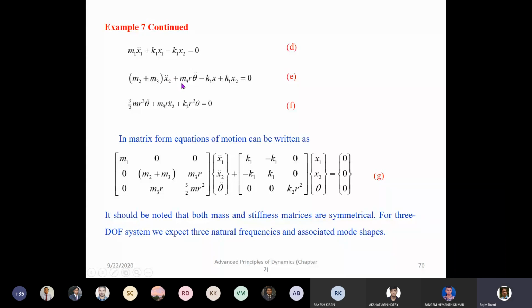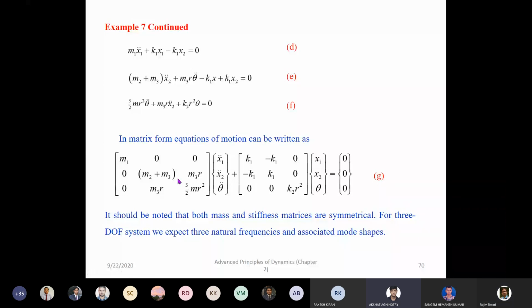Here x2 is there, theta double dot is also there. I think this should be x1. And here, theta double dot is not there. So generally coupling means they are interfering with the motion of each other.